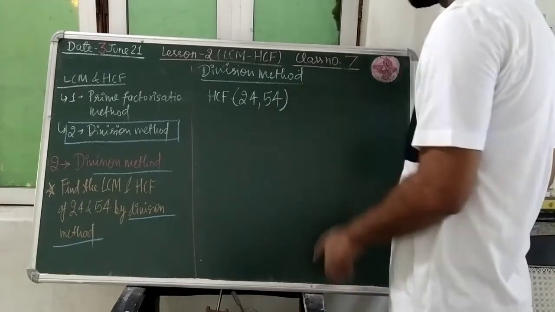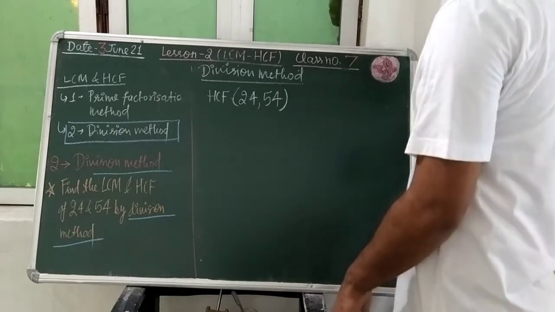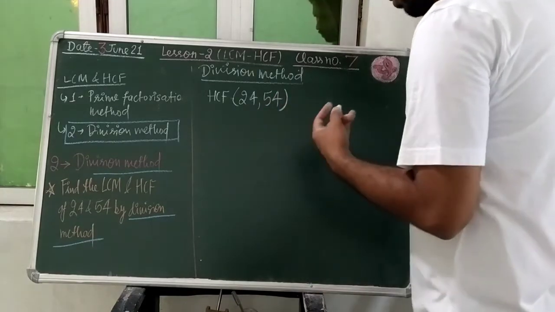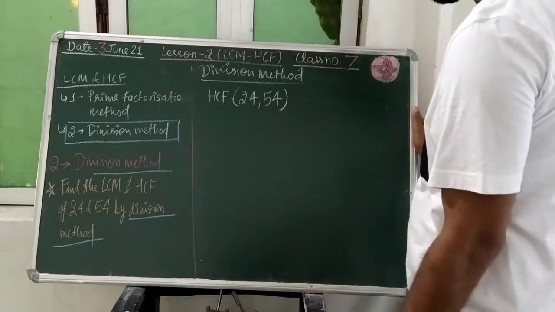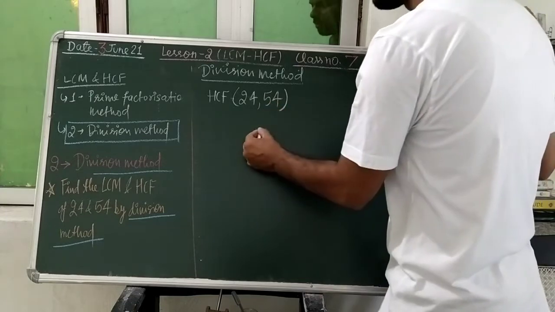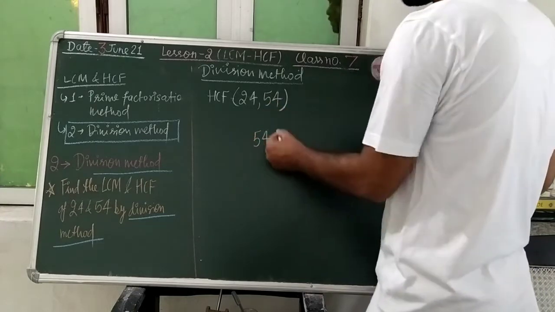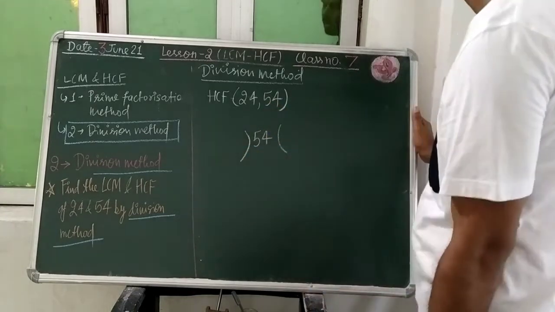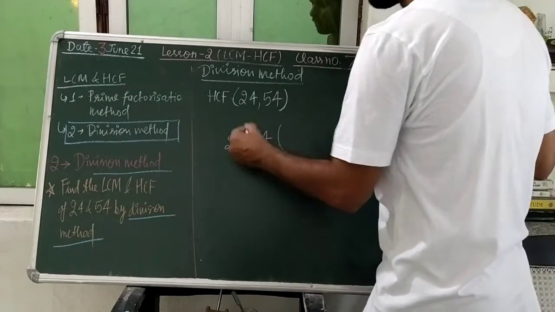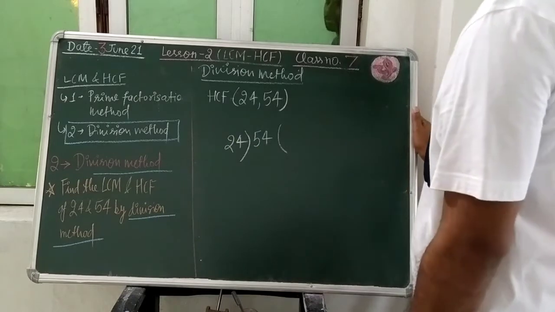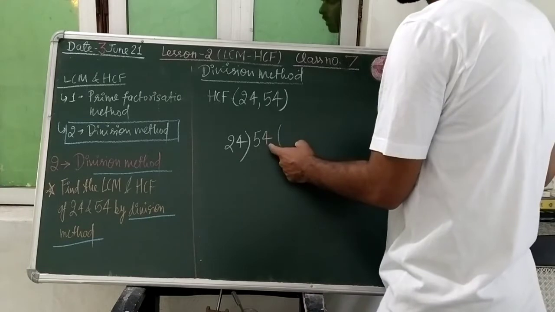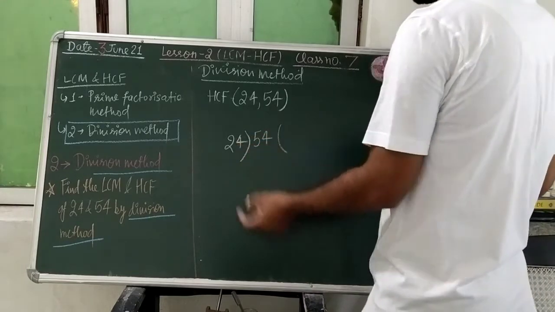Between the two brothers, the elder one, meaning the number which is bigger, you will divide that big number by the smaller number.